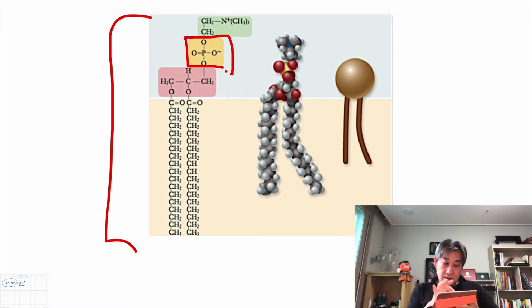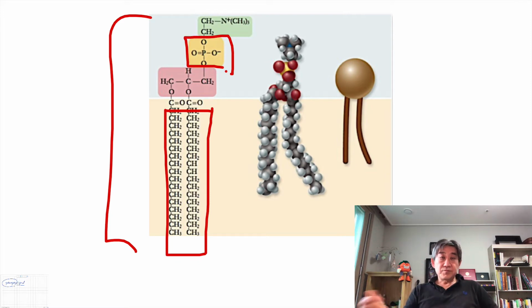On the other hand, this part is the typical hallmark characteristic of any lipid. The reason why lipids are non-polar is they don't have any oxygens, and there is no room for any charge or being polar, because it is all made up of carbon bonded to hydrogen.